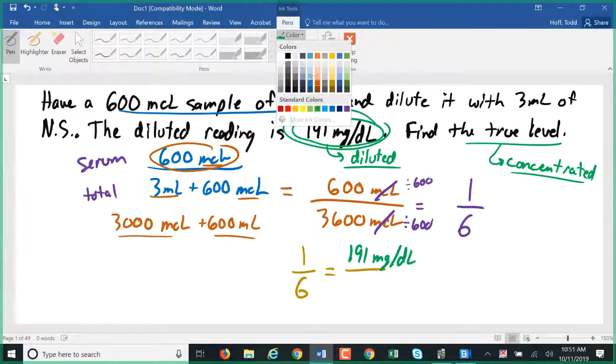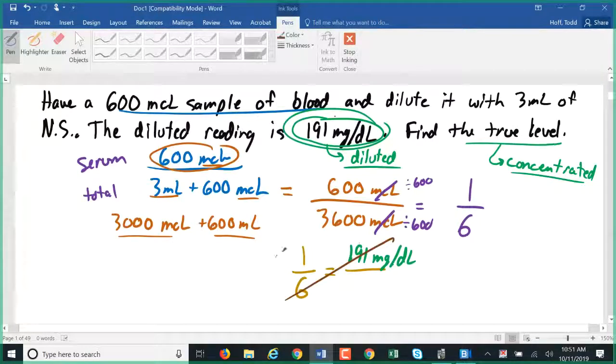We will cross multiply. 6 times 191 divided by 1, which gives us 1146 per deciliter. Any questions on how we got that?